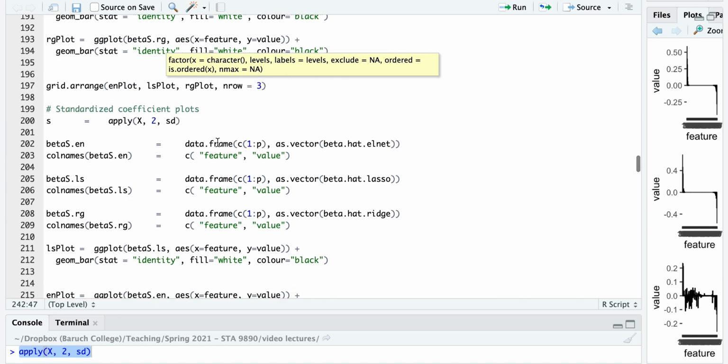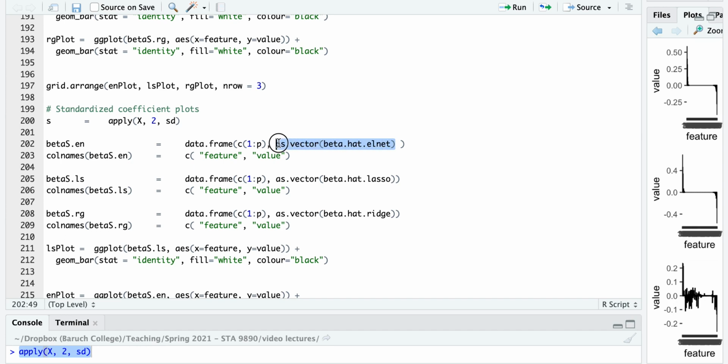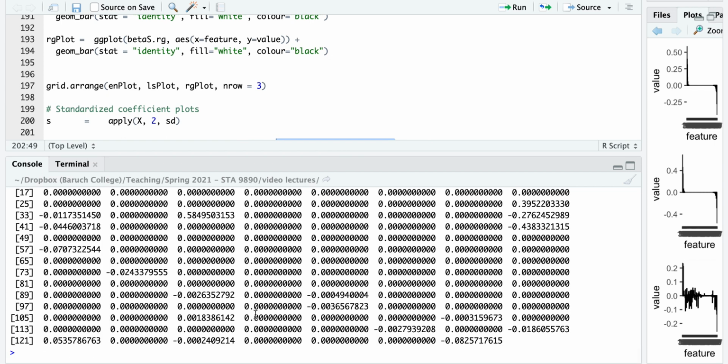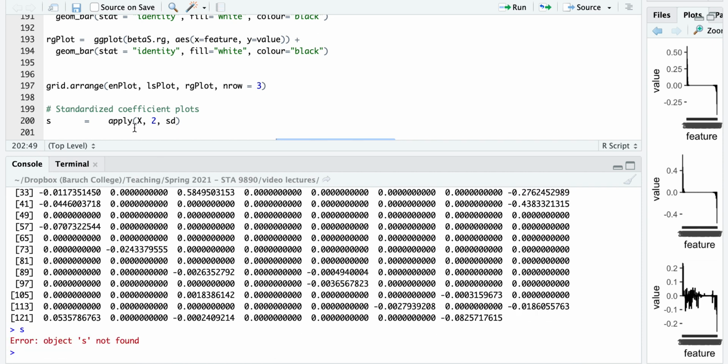Okay. And now here we multiply them by these standard deviations. So these are estimated coefficients. We don't have S yet.